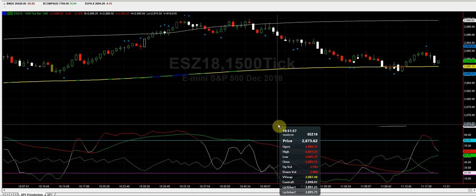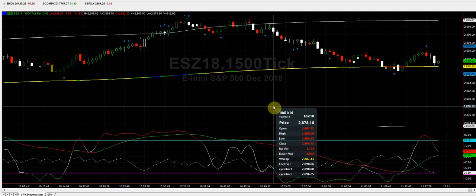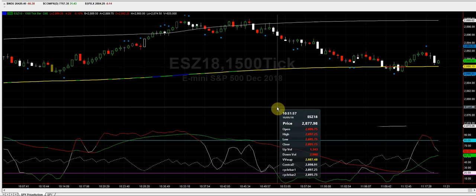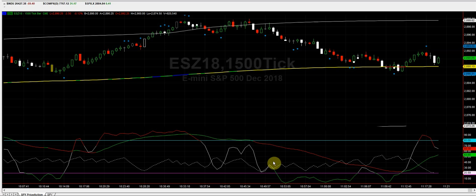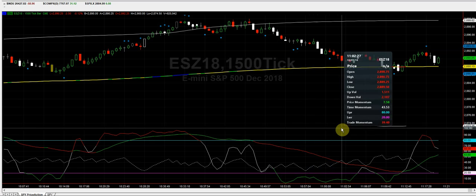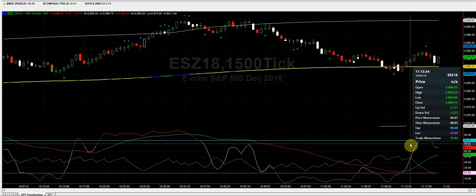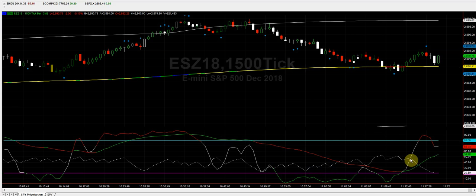So we're expecting price to remain to the downside or depressed until it cuts back up through the time momentum. So we're looking at it from right at this point, and it should continue down. It does continue down until you get right over to this point here, and now you have price momentum cutting up through the time momentum.